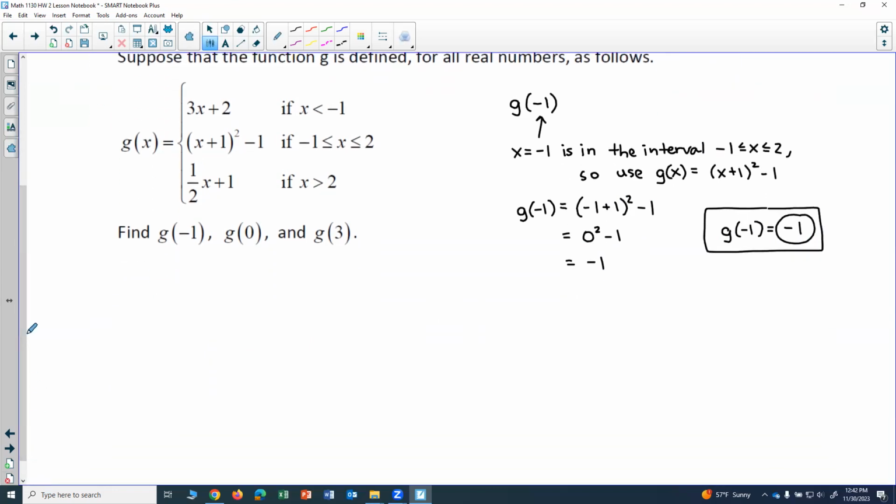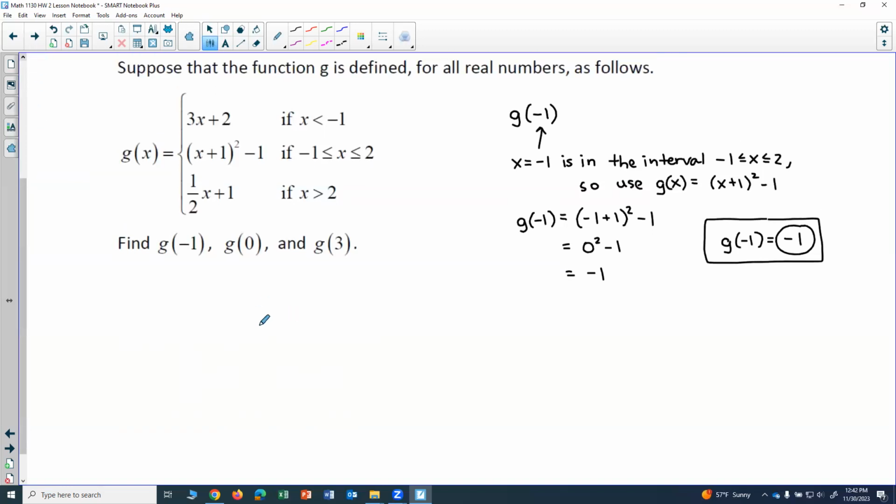Okay, let's look at the next one. We have g of 0. So if I do g of 0, I have to look at that x value, x equals 0, and which interval is it in? So x equals 0 is in the interval, and then I look at my three choices.